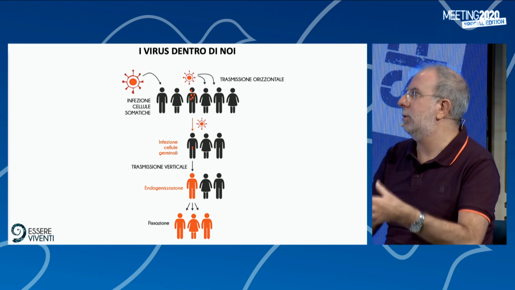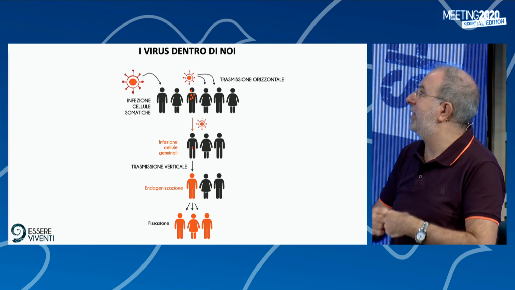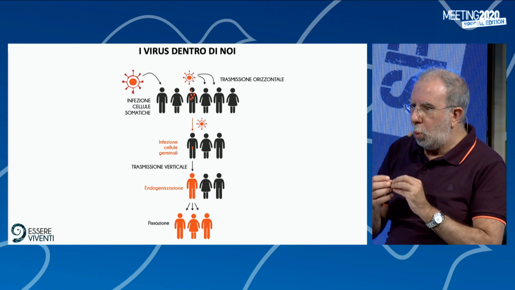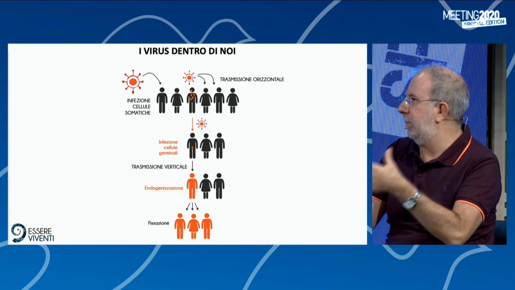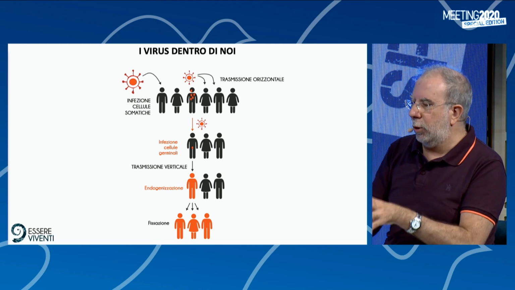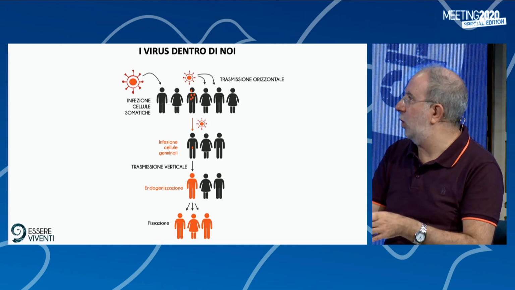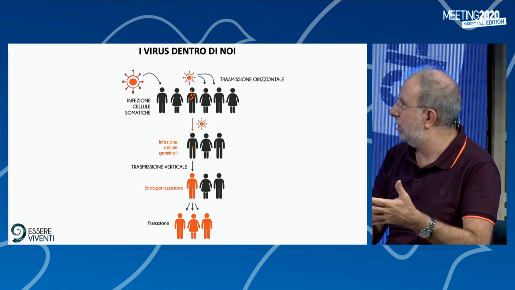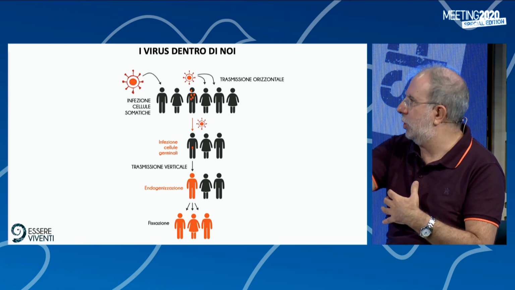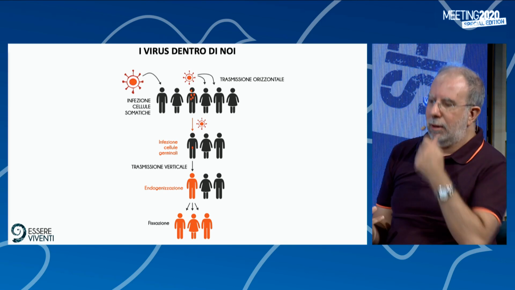Therefore, there would be a process of endogenization that would lead to the fixation of genetic information, because all the cells of this organism, of an animal or a man, would have this virus integrated in a certain part of the genome, like a scar, that is then transmitted to the progeny. So we could wonder whether this is a scientific theory, or something that could really happen. Well, actually, this did happen, and it happened many, many times.